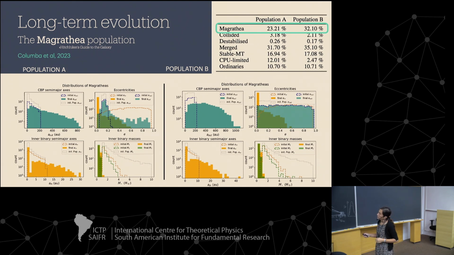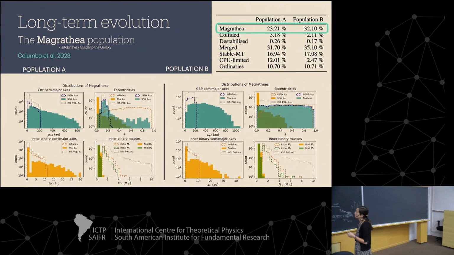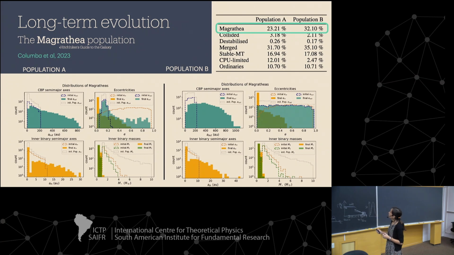The way you have to read it is that the dashed line is the injected distribution, from when we injected the planets around the main sequence stars. So the initial distribution of our Magrathea planets was following this part. And then you see that at the end, a lot of planets got further out, very much separated from the star. That happened for population A and population B. So this is an effect of the evolution.